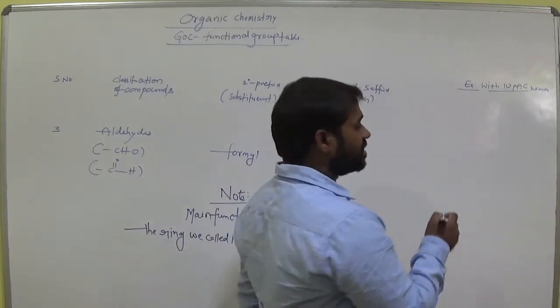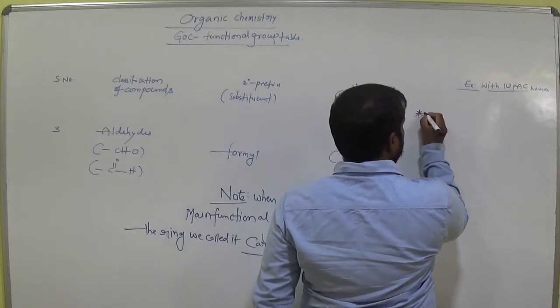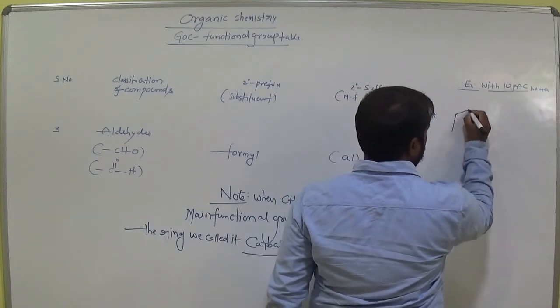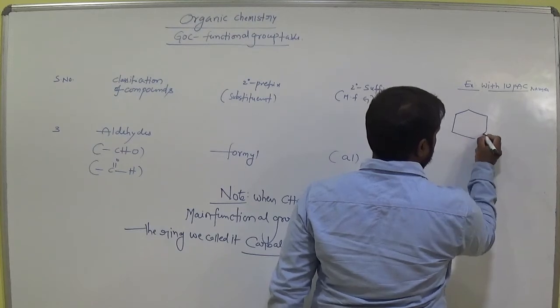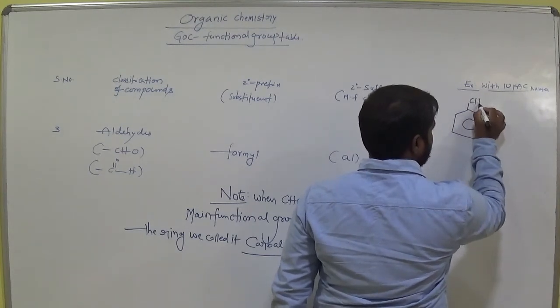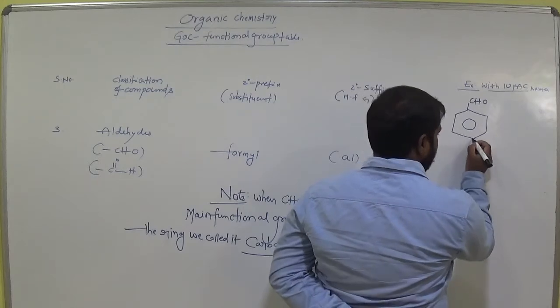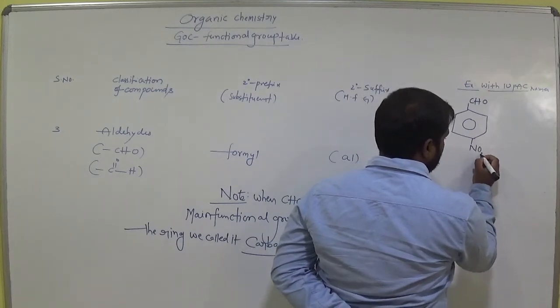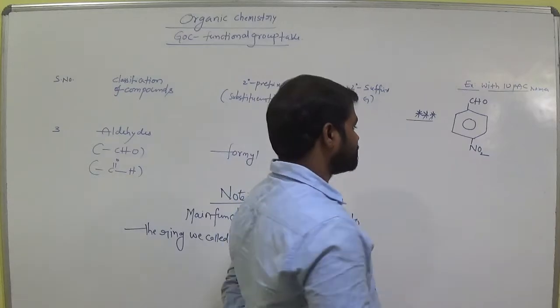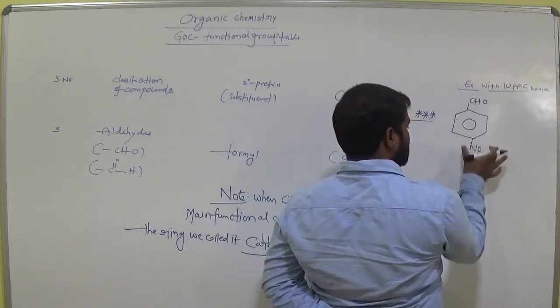So let's see one more example. This is benzene. This benzene has a CHO group, and at this position it has NO2. Now this is the main functional group and this is the substituent.